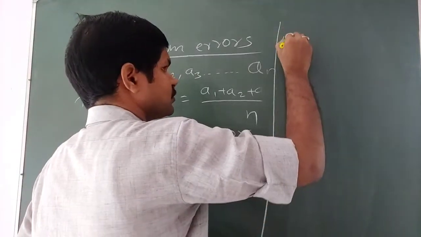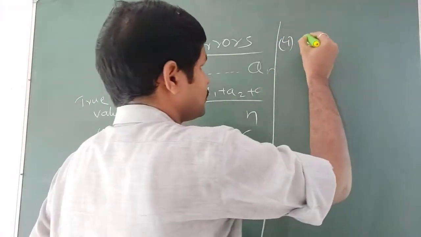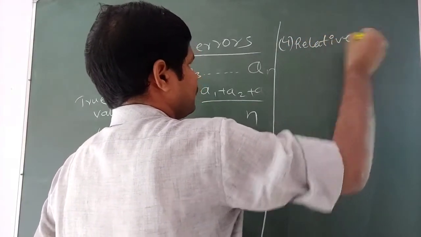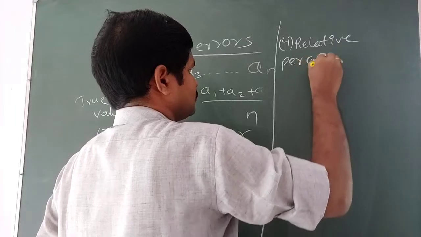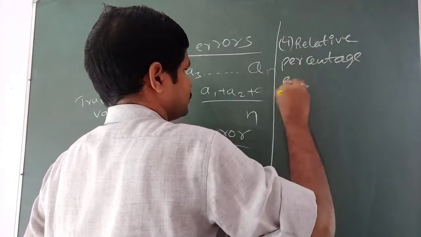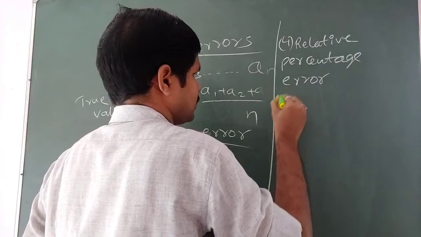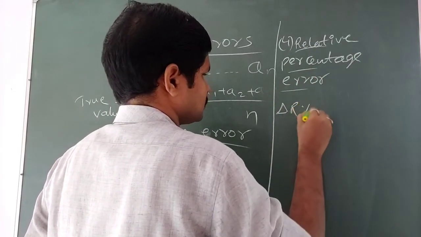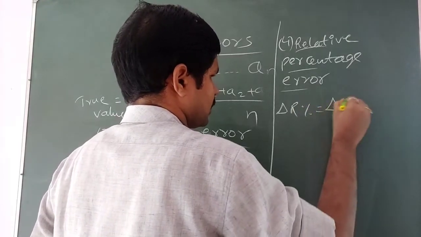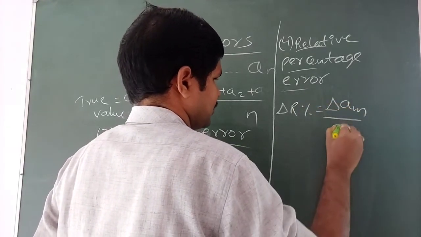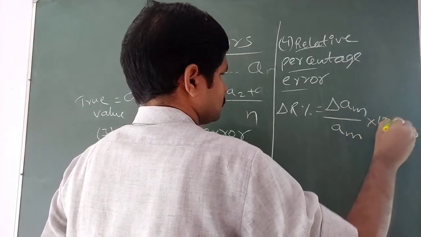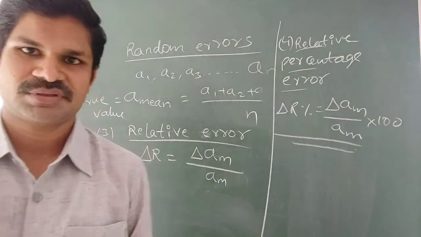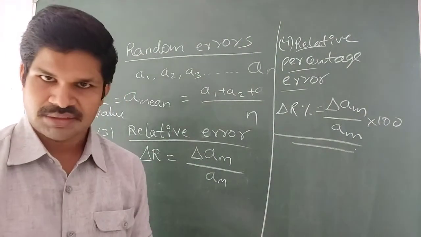The fourth category is relative percentage error: delta R percent equals delta AM by AM into 100. These are all the types of random errors.